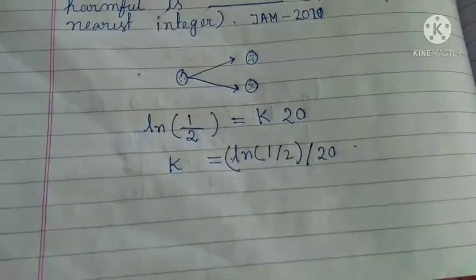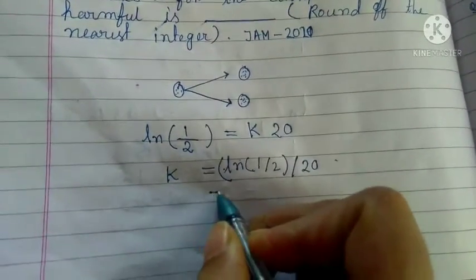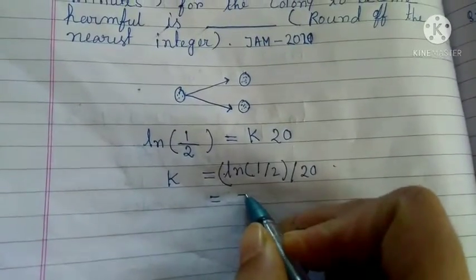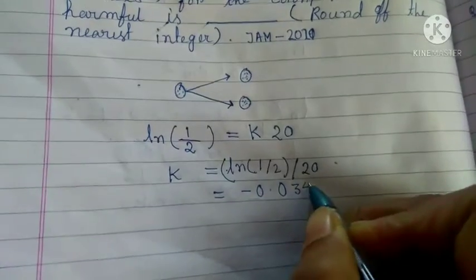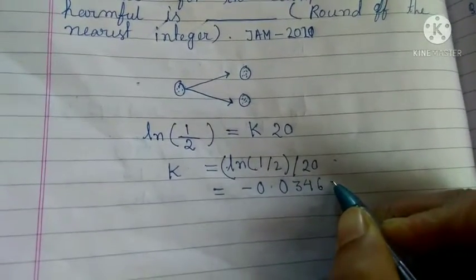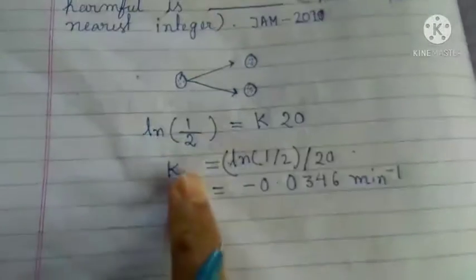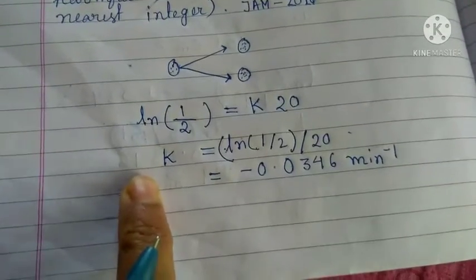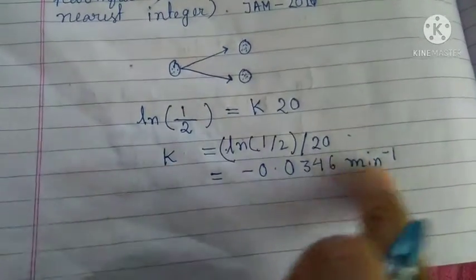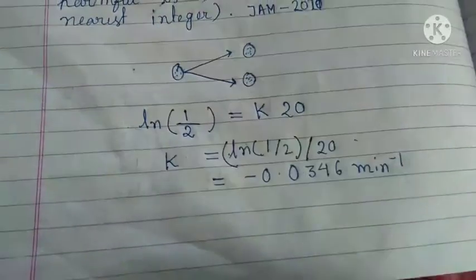So it's around minus 0.0346 minute inverse. It follows the first order reaction, so the rate constant will be in minute inverse unit.